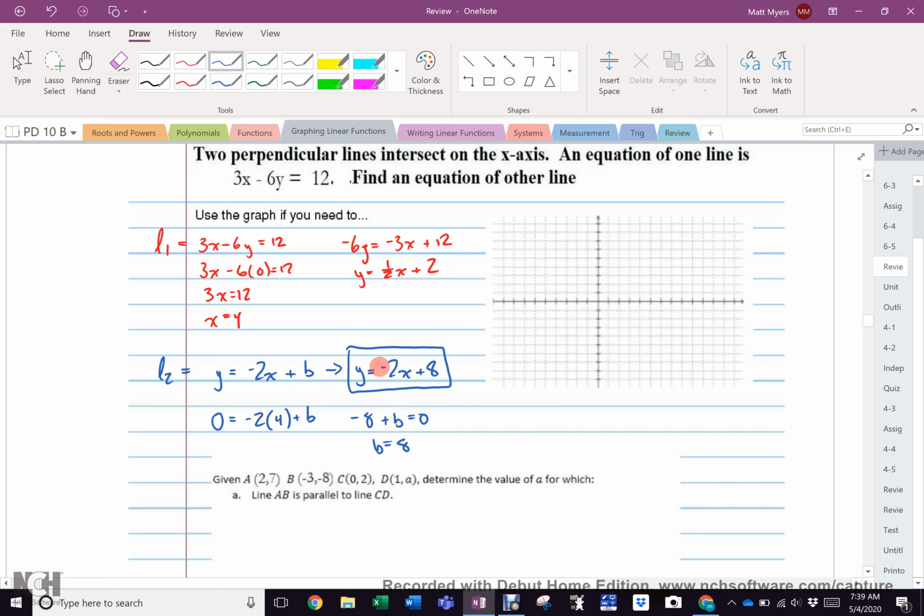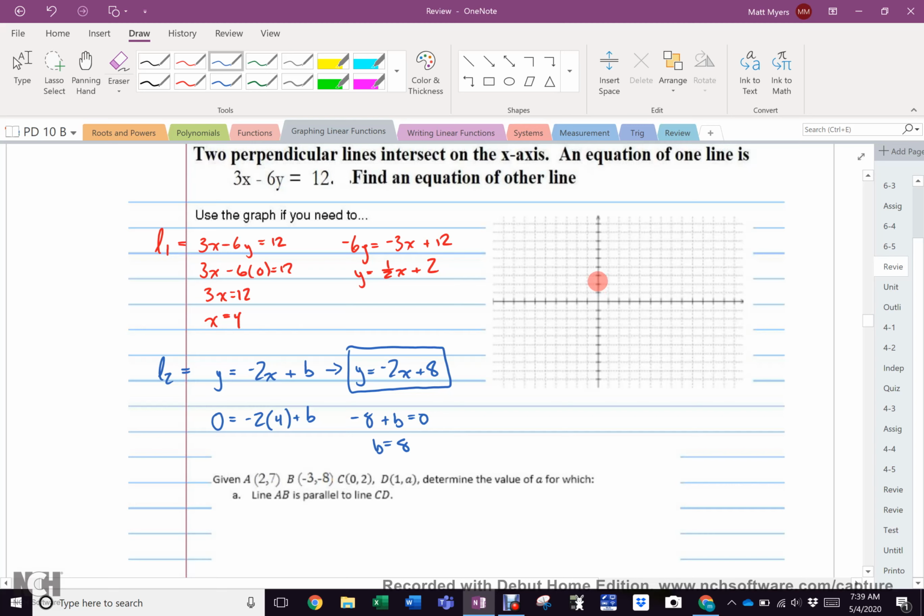If I wanted to do it on the graph, I would go to right here, positive 2, and do the slope of 1/2, up 1, where was I here?